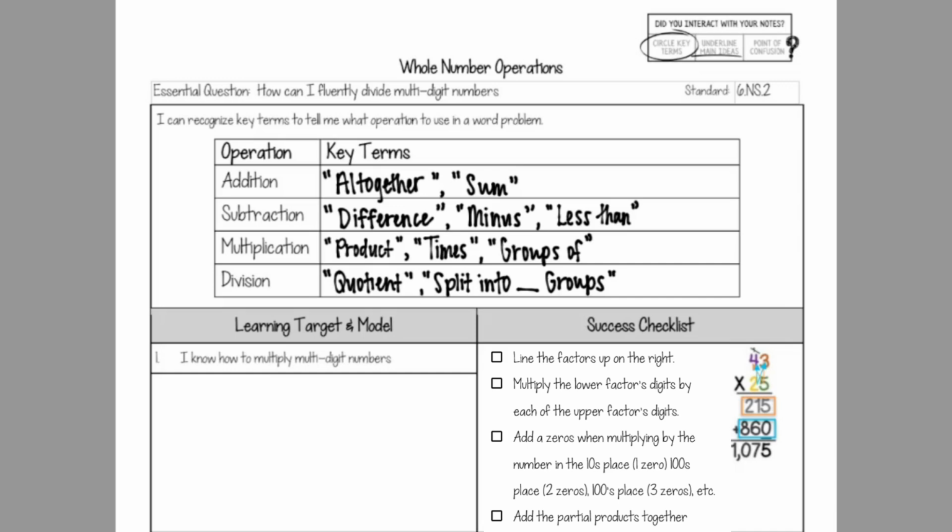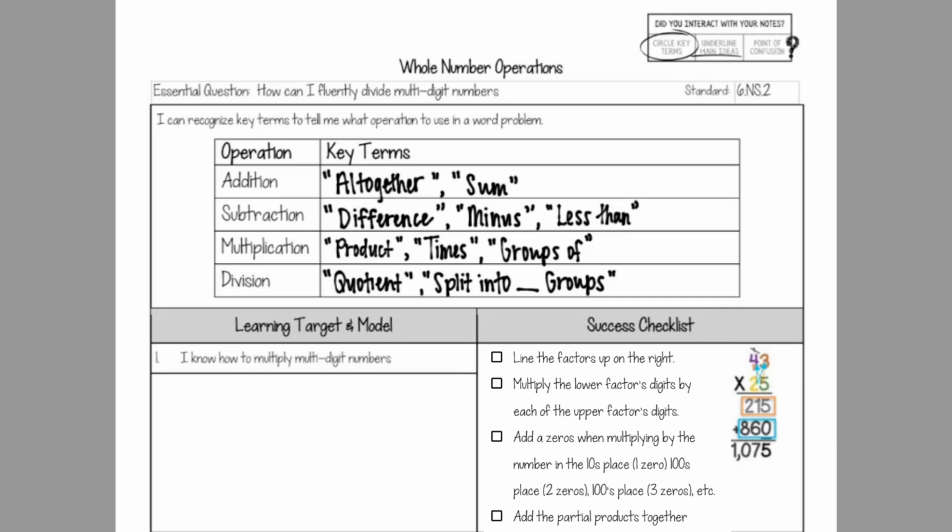Our next learning target is, I know how to multiply multi-digit numbers. The example on the right shows 43 times 25. And I have two important steps.